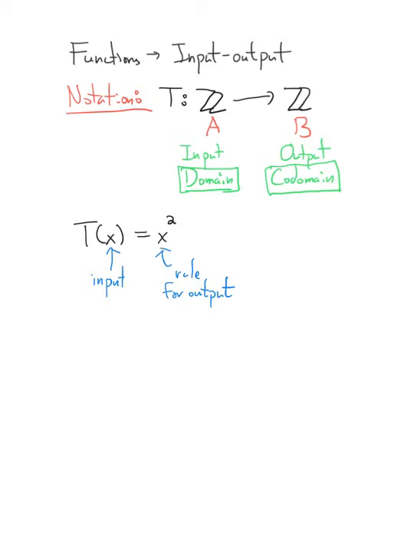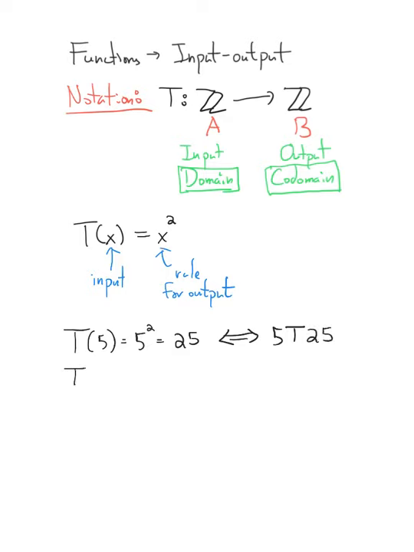So let me show you what I mean, just to get some examples of how to use this. Well, T of 5 is 5 squared, which is, of course, 25. So I'm saying this is the same thing as saying that 5 is related through T to 25.